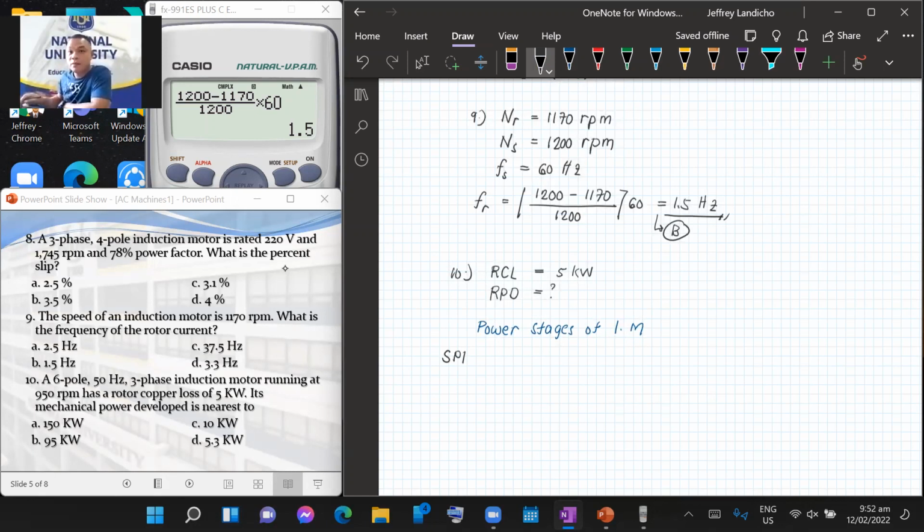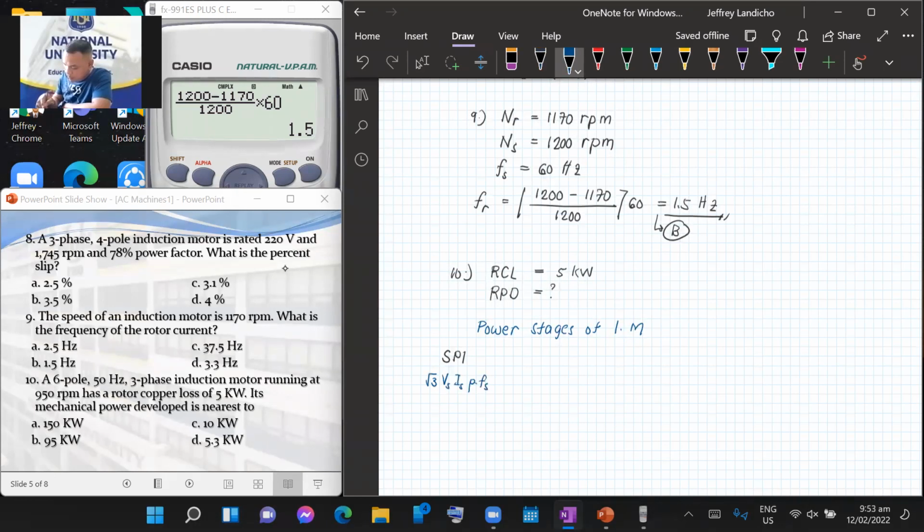So kung 3-phase, so that is the 3-phase power formula. So sabihin na lang natin in terms of 3-phase, this should be square root of 3 times line-to-line voltage at the stator, times current, multiplied by power factor at the stator.